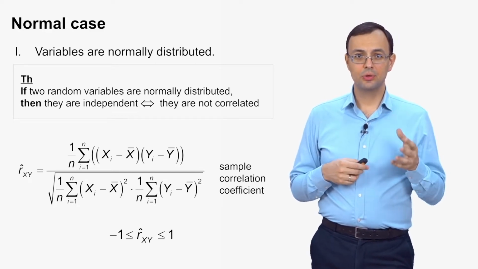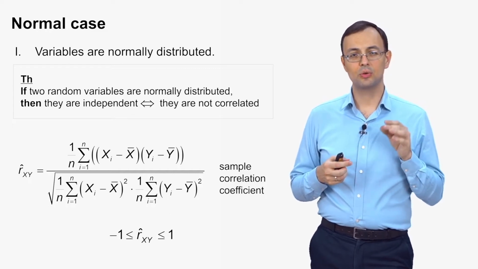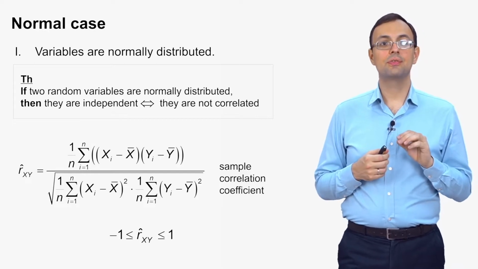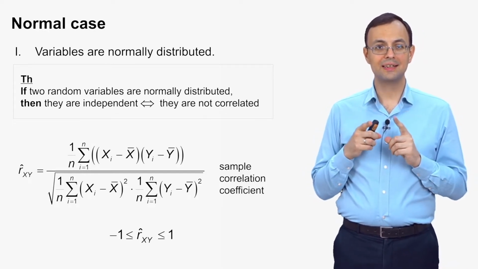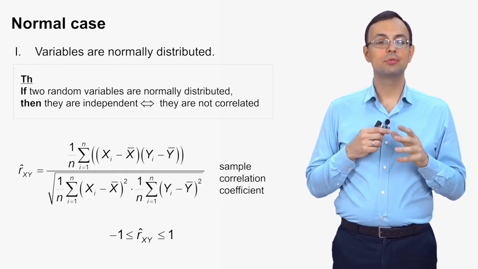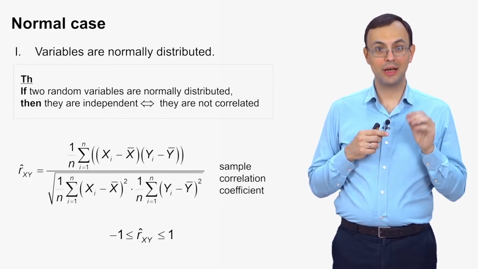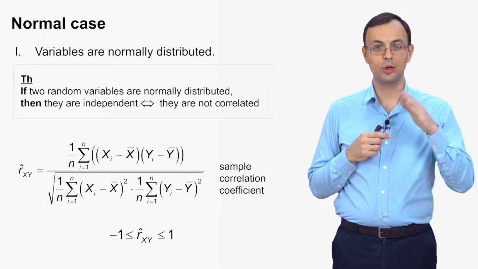But it can also take values from -1 to 1, and the situation is the same. 1 means that y is a linear function of x, an increasing function. And -1 means that y is a linear function of x, and this function is decreasing, so the slope is negative.